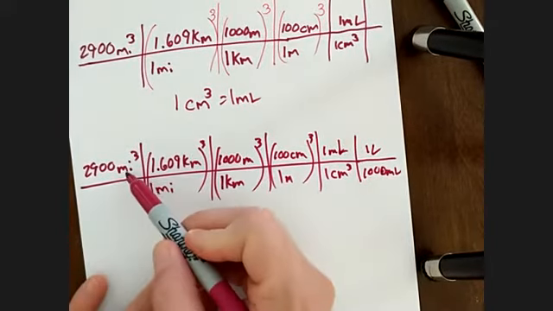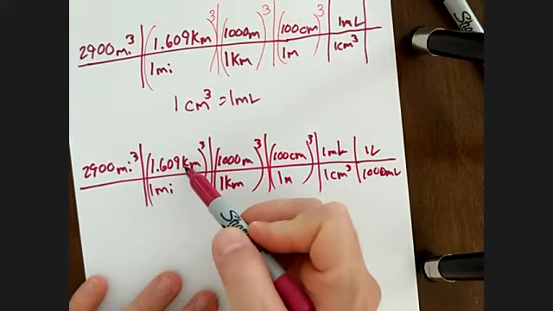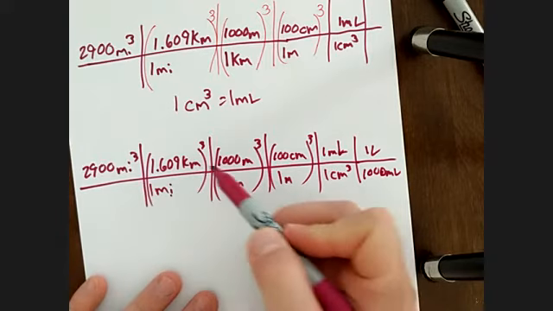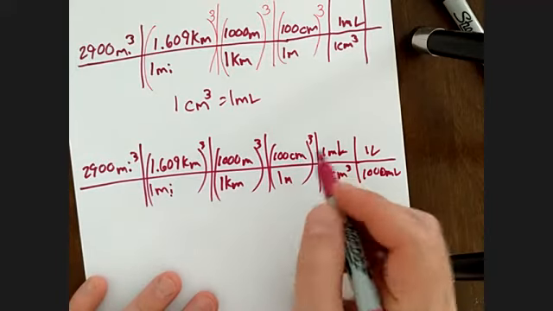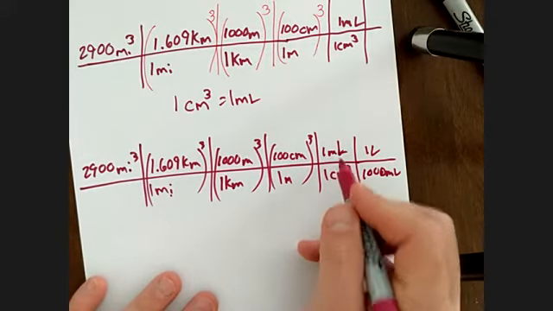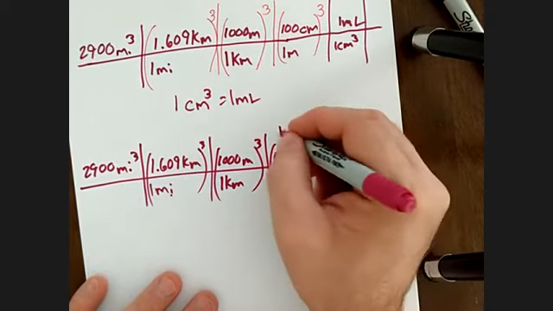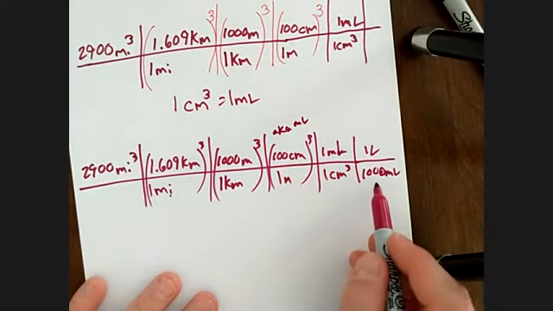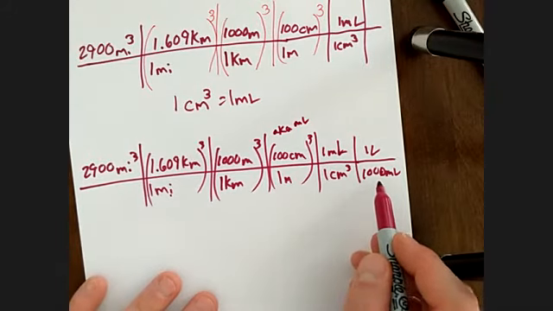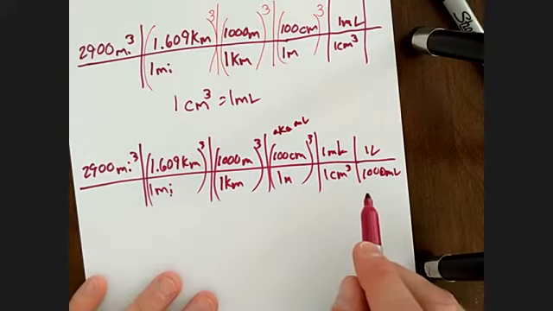We're starting from our miles cubed, going to kilometers cubed, to meters cubed, to centimeters cubed, which is really volume. Again, you could probably skip this step, because if we knew that this was essentially milliliters, you could skip this and just go right over to the milliliter. So right off the bat, we're a couple steps in, and it's quite a bit more complicated than one of the ones we've done previously.